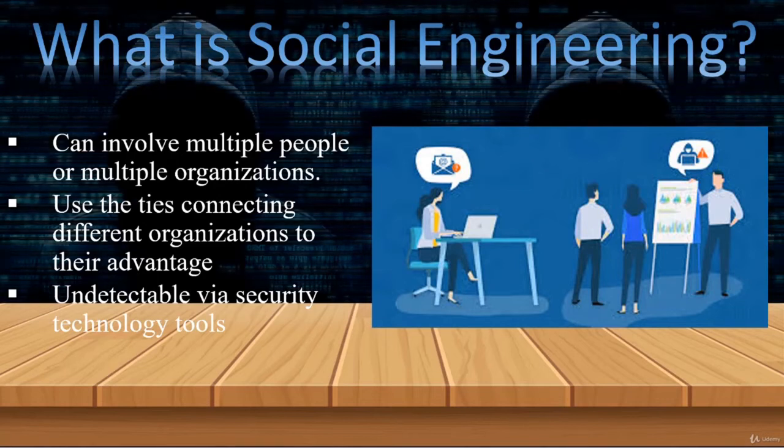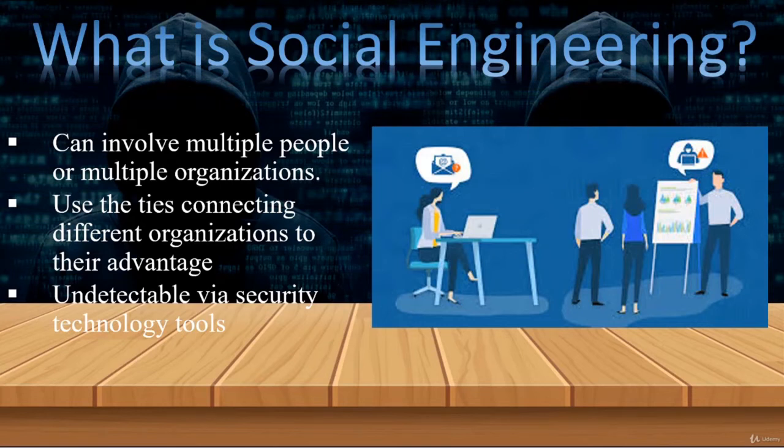Because social engineering requests for information via email, text, or even by phone, tools like firewalls and antiviruses are easily subverted. Completely undetectable by technology means. Detection requires the tools you were born with and some basic cyber awareness training.